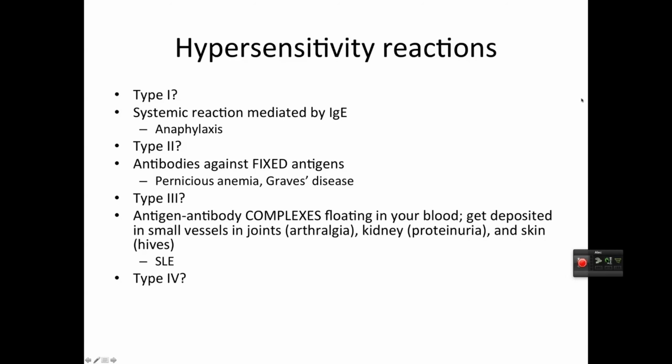How about a type 4, Maria? Type 4 is a delayed sensitivity reaction, so it's a T cell. Yeah, perfect. This is relevant because they're going to ask this question: you give someone a PPD, and if you were to biopsy someone that had a positive PPD, what would you see? What would be the predominant cell that you would see? T cells.